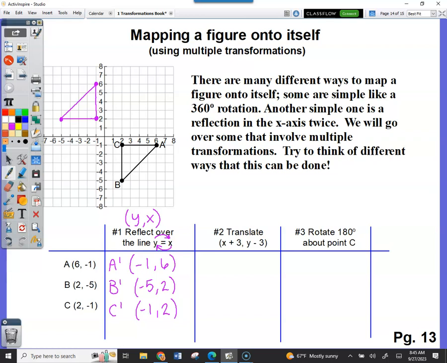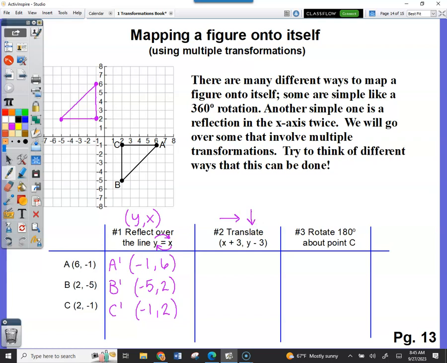So we're going to take this triangle and we're going to slide it based on the rule that it has in front of us. What does this mean direction-wise? If it says x plus 3, that means right 3. And if it says y minus 3, that means down 3. So we're going to go right 3, down 3.